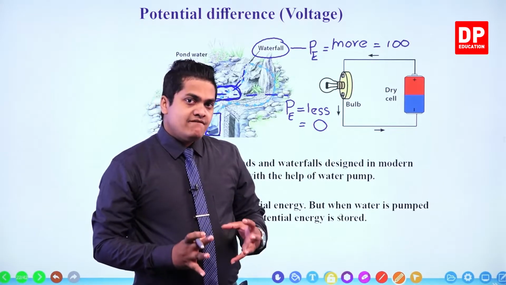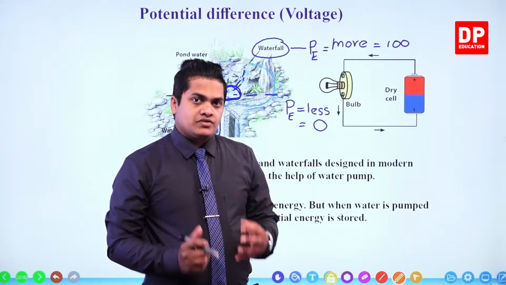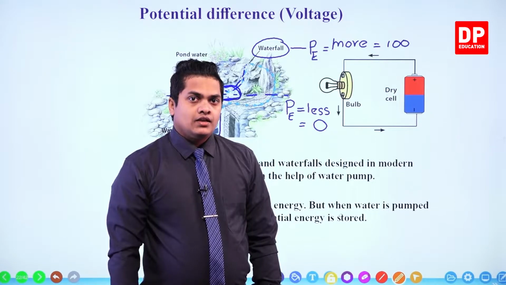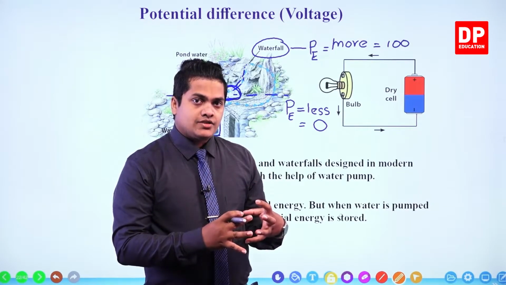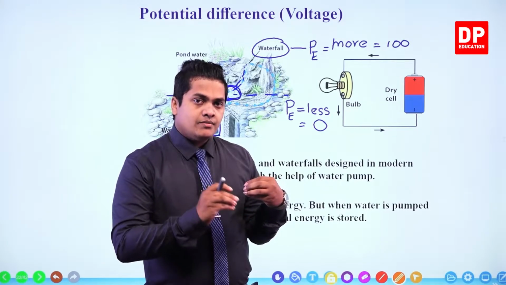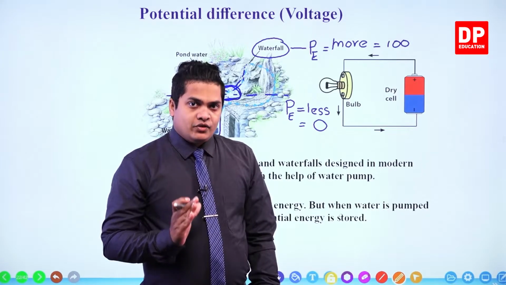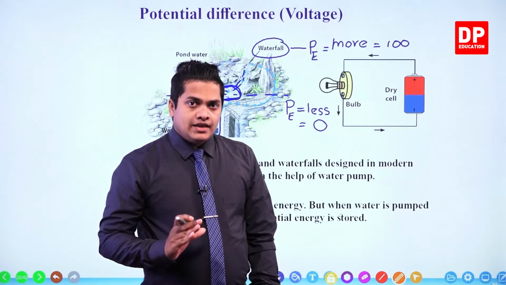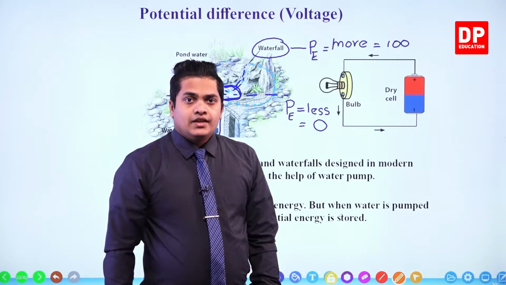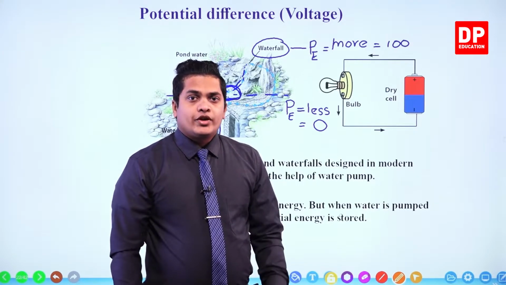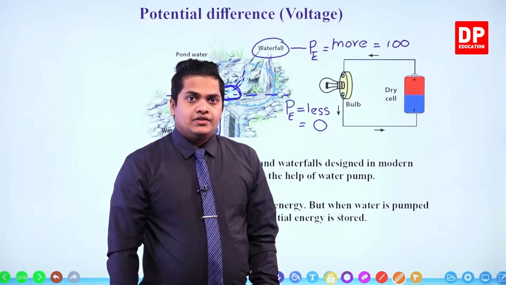In the same way, if you take a certain electric source, in order to flow electrical charges from one terminal to another, you know that if you take an electric cell or a dry cell, the electrical charges flow from the positive terminal to the negative terminal.